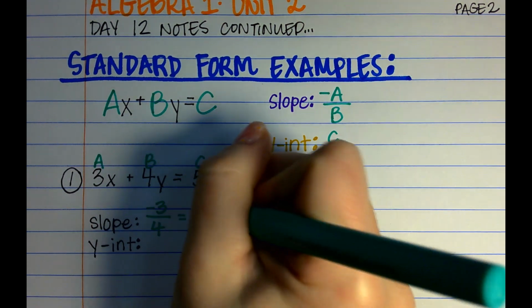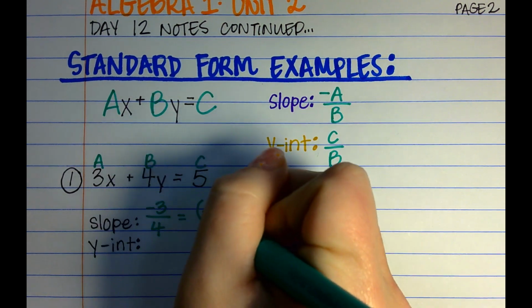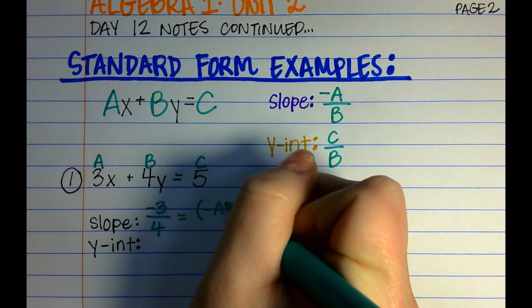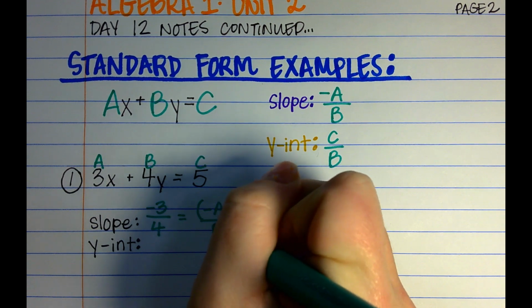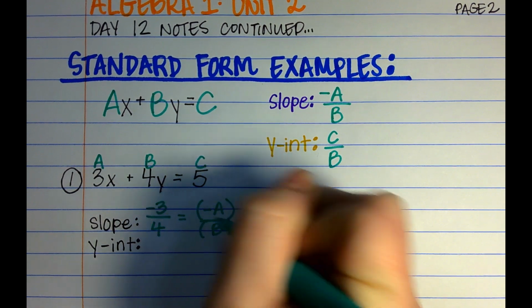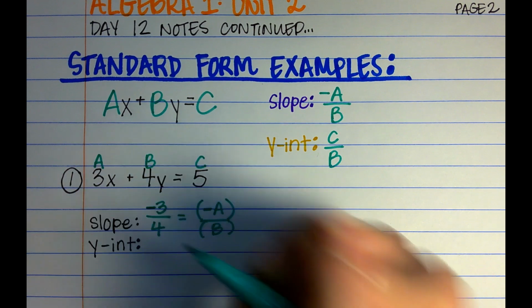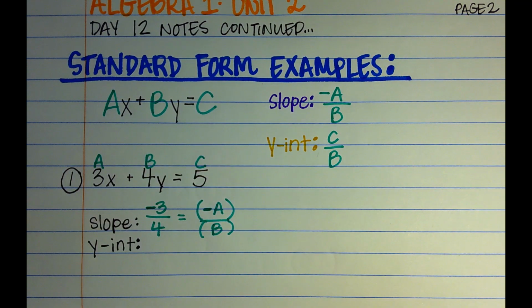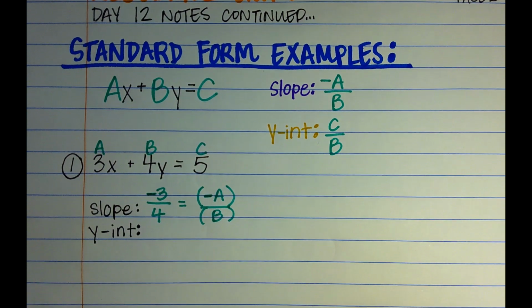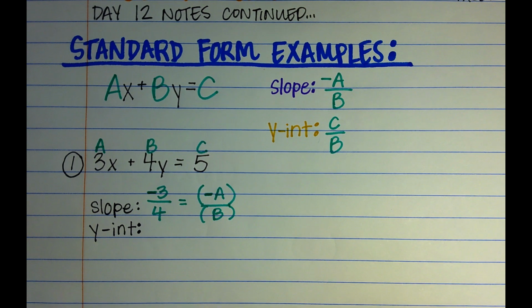I'll put in parentheses here that we remember that's just negative A over B. Negative 3 over 4.